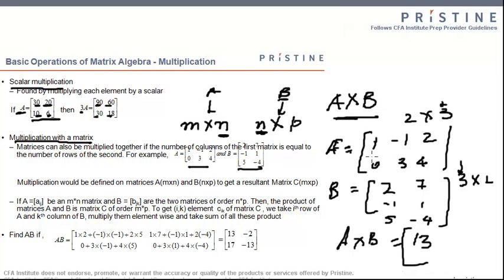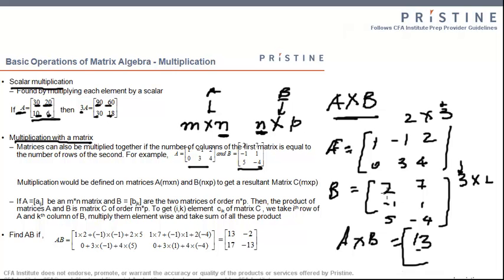So the element that is formed by multiplying the first row of A with first column of B would be the element that would be in the first row and first column of A cross B. So it would be here 13.